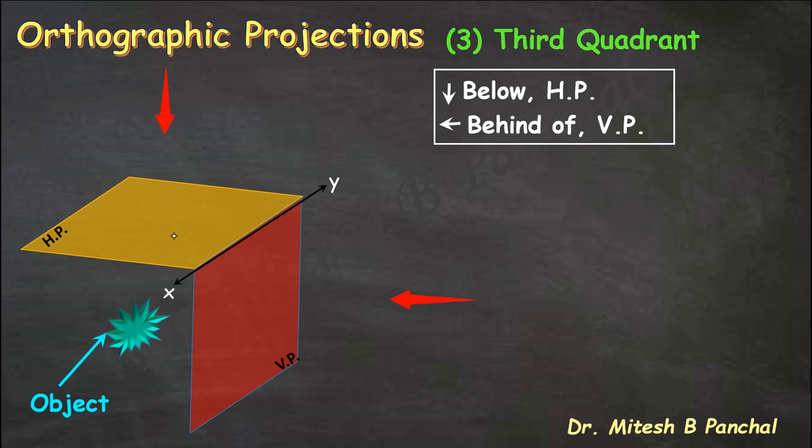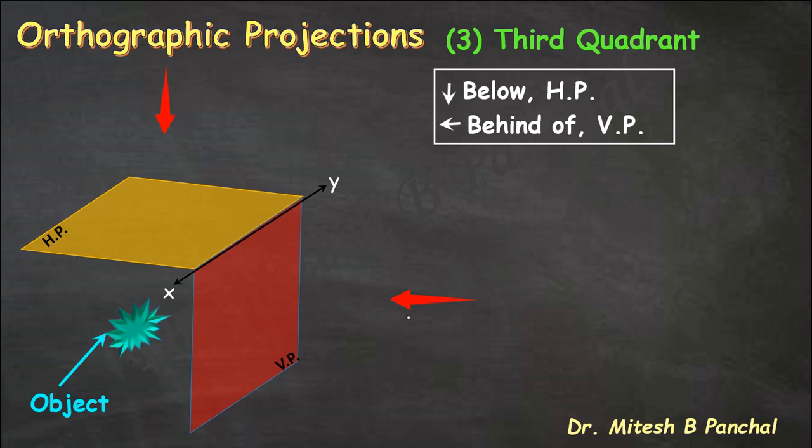For both the cases, the planes of projection HP and VP are in between object and observer. So both the planes are considered as transparent planes, right?